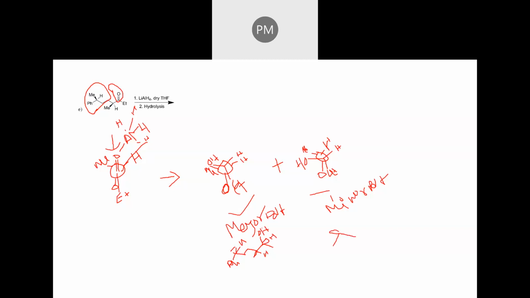So there is some methyl. This one is hydrogen. So this center has no effect on the stereoselectivity or stereospecificity. But in this reaction, this center has an effect. So this methyl is above, H is below.